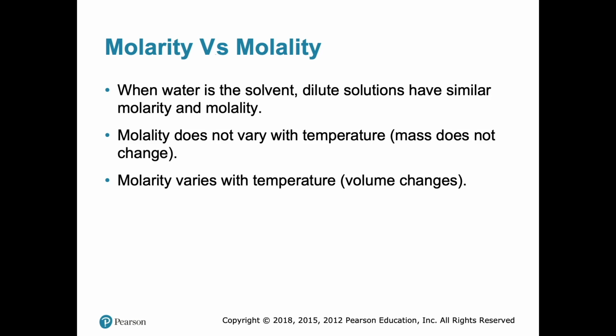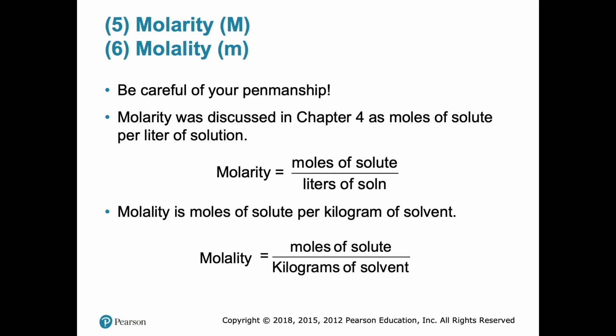Since water's density is 1, it means 1 liter of solution is pretty much the same as 1 kilogram of stuff. Remember, liters of solution, kilograms of solvent. So 1 milliliter is pretty much the same as what? 1 gram of water.